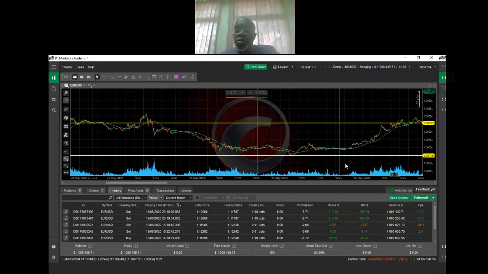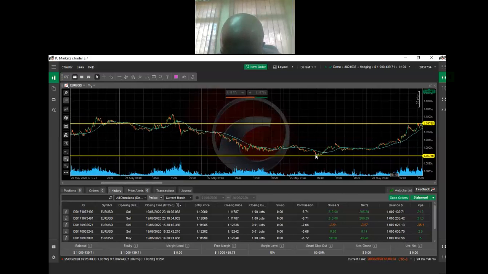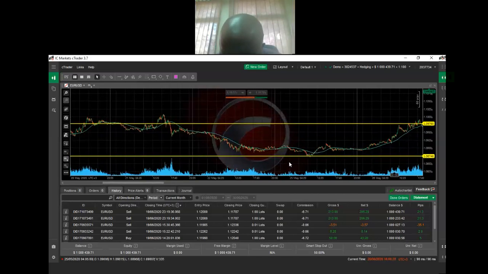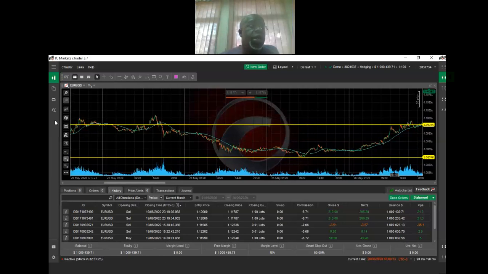There, so this is 25th of May. Before it turns, it actually is right there. If I zoom in, there are many places it touches, but I want to zoom in a little bit.